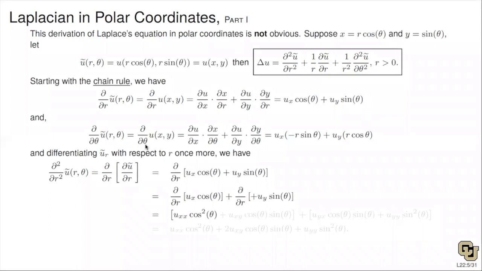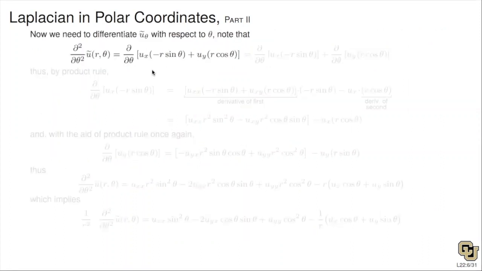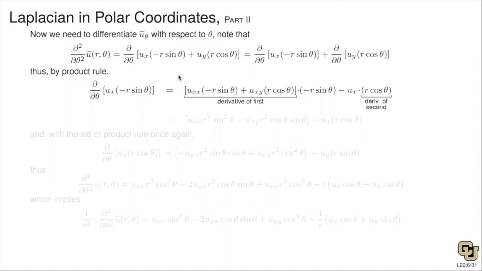I don't want to go through all the details too much because you did it as a homework problem, and I'll let you work through it. Look, this plus I need to fix. This r missing here I need to fix. Then we do the same thing with the theta derivative, and you go through the whole thing.